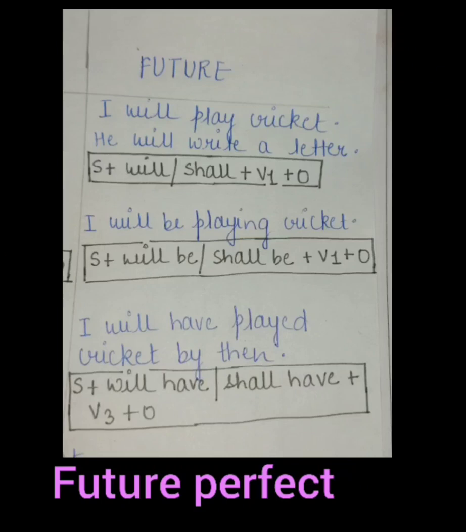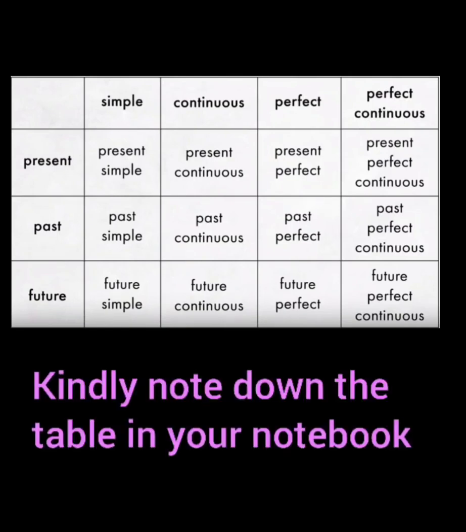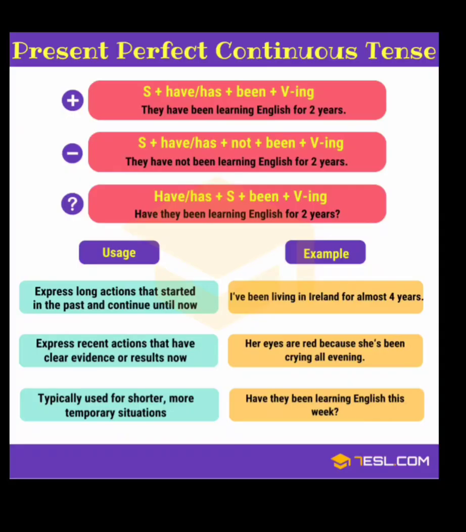So now we will move to the last one. So students, let's try to understand about perfect continuous tense. See, perfect you all know is the actions which are already completed, and continuous means to show some continuity. So those actions which are already completed but are still having some continuation from the previous verb, for that we use perfect continuous tense.